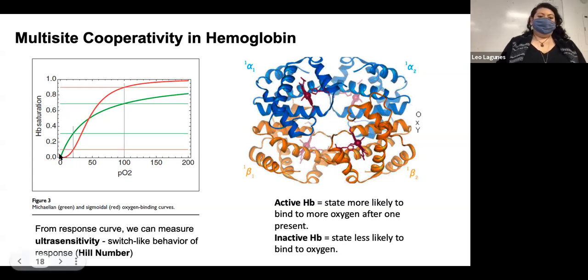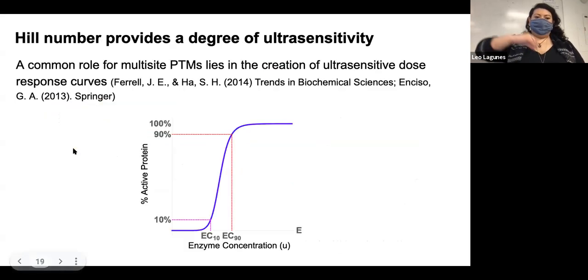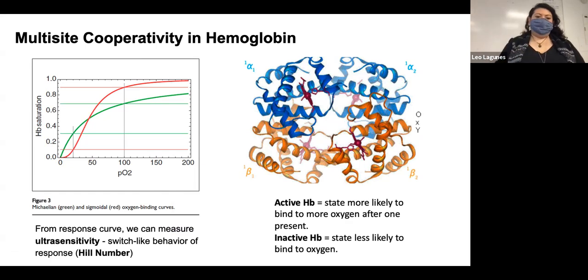But what we actually see is the red curve, where a small amount of oxygen doesn't fully activate hemoglobin, but once it passes a certain threshold, we see this quick response. So it doesn't respond to background noise, but once you get to a certain threshold, it picks up and then you get full activation of hemoglobin. And it's that switchness that we call ultrasensitivity. And ultrasensitivity is that switch-like behavior in a response.